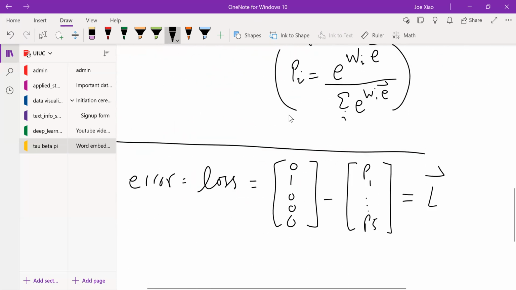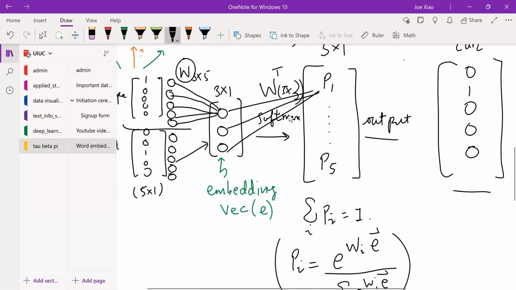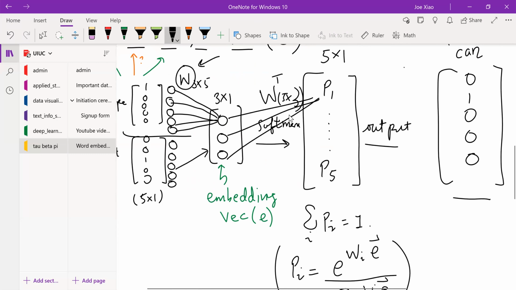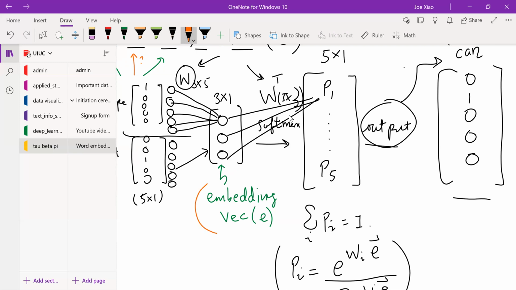So this loss is going to help us adjust the weights in this neural network. Eventually we want to adjust the weights so that the output and the ground truth become very similar. And that's when we know the neural network is working as intended, and when we can trust this embedding and actually use it.